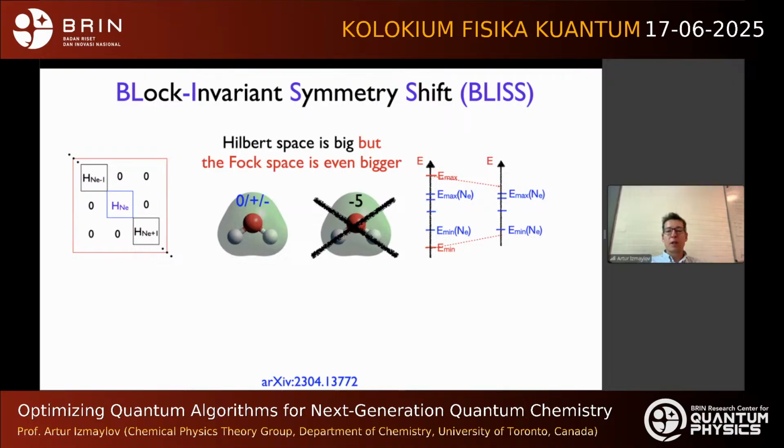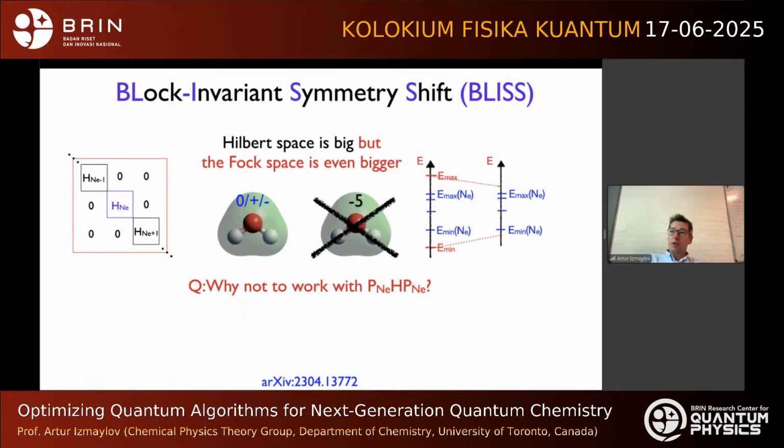On this picture, you could see E max and E min may correspond to values that are larger than E max and E min of the blue zone, which is the number of electrons that we're interested in. So we could change the spectrum, we could change the Hamiltonian for those forms that we're not interested in. One may ask why not work with projectors.